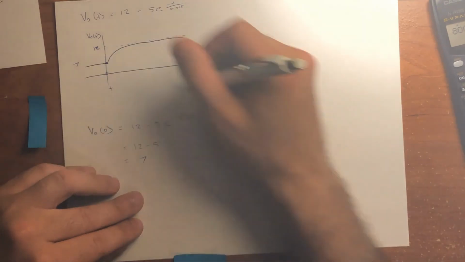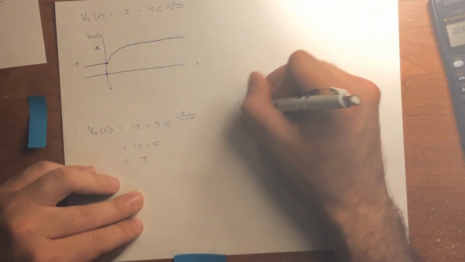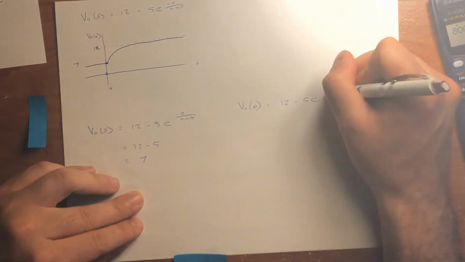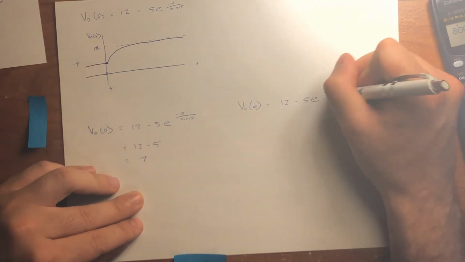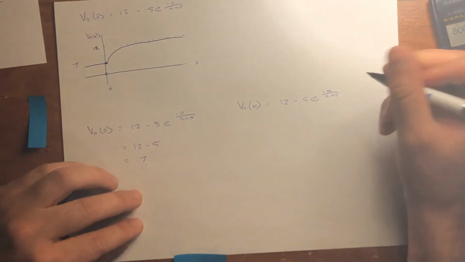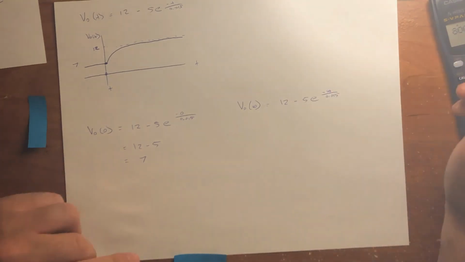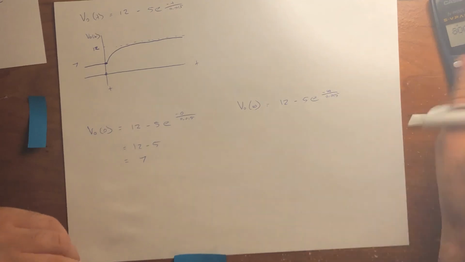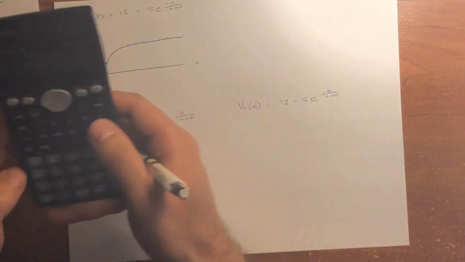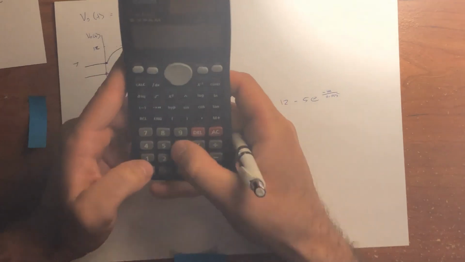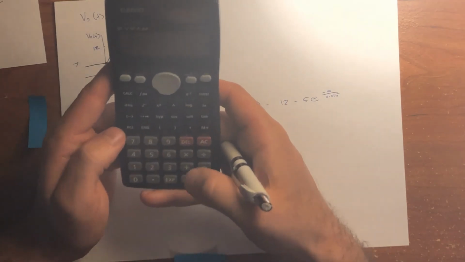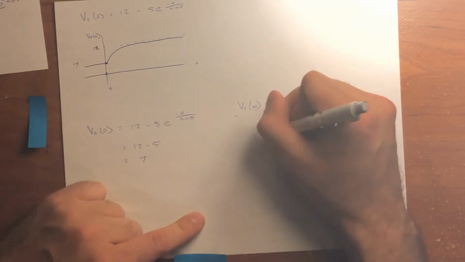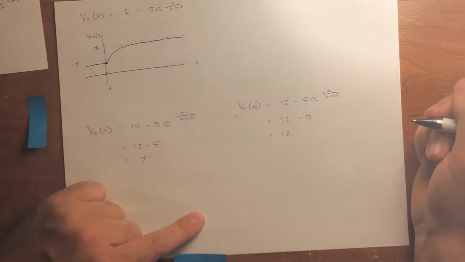In order to find that, we say v naught at infinity is 12 minus 5e to the negative infinity divided by 0.015. Now, e to the negative infinity, if we put in a large number, equals 0. So we have 12 minus 0 equals 12.